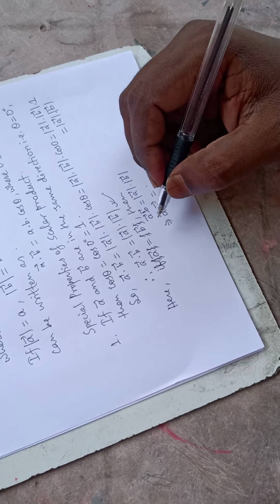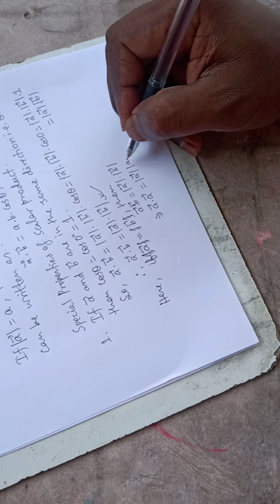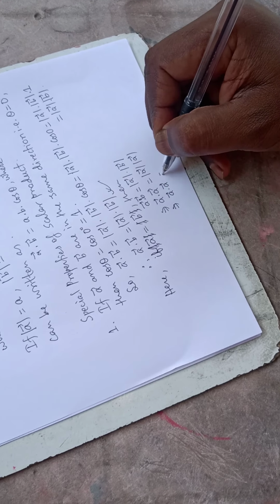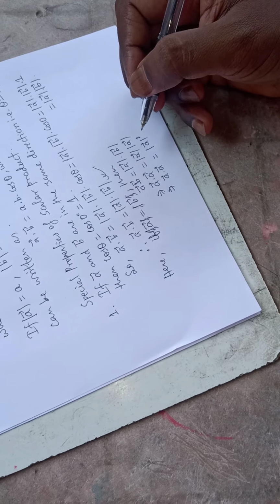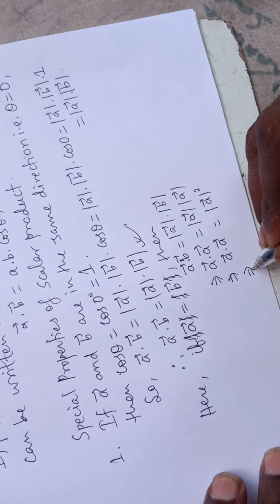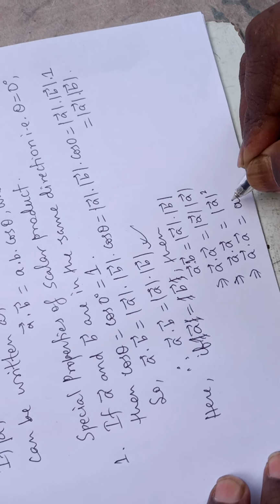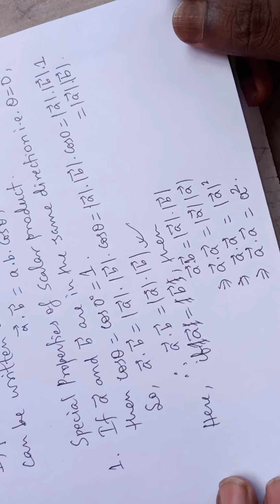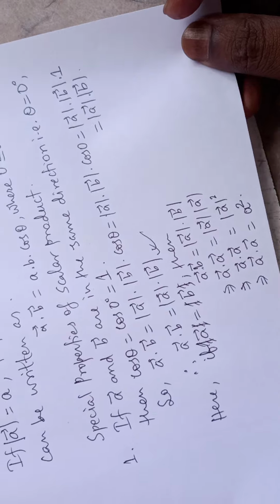At that time we can write a dot a is equal to modulus of a squared, which we can write simply as a squared. So this is our first condition, when theta is equal to 0 degrees.